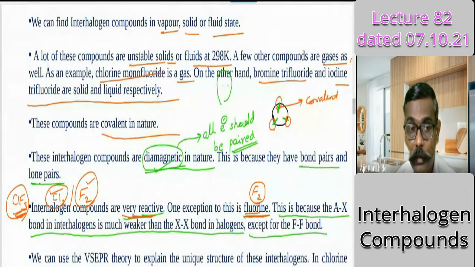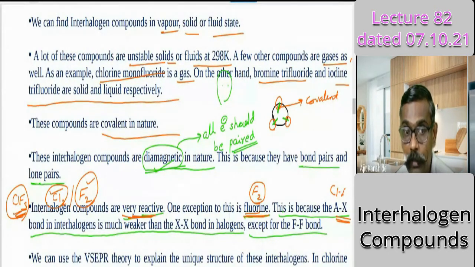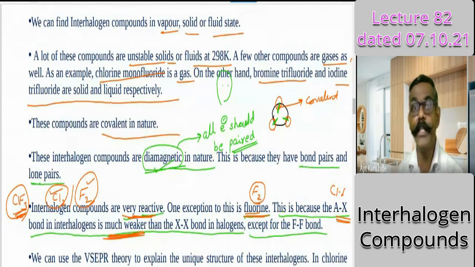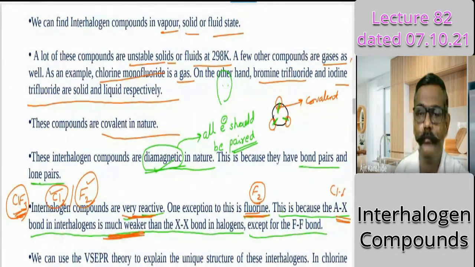Why? Because of the A-X bond which remains in the interhalogen. If I consider ClF3, the Cl-F bond in this interhalogen compound is much weaker. It is a weak bond. If a bond is weak, is it easy or difficult to break? Easy to break.